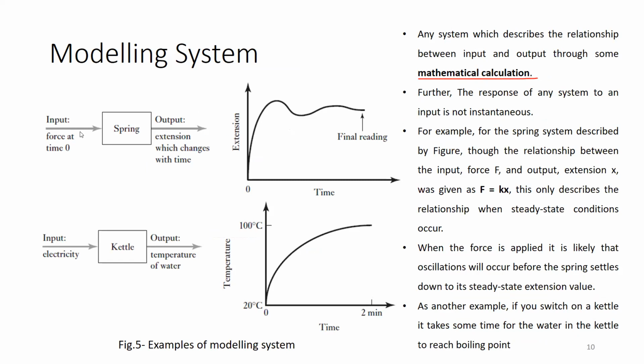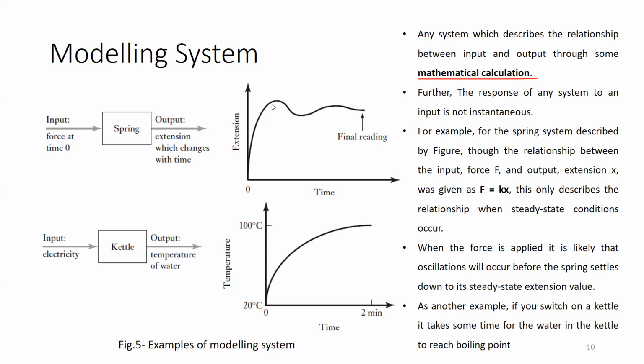If we have a direct mathematical relationship between input and output, we will call it a modeling system. Here the modeling is not related to some geometric model, but to a mathematical model. So if you have any direct relationship between input and output, it would be called a modeling system.